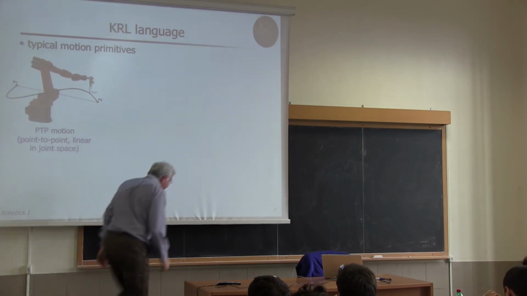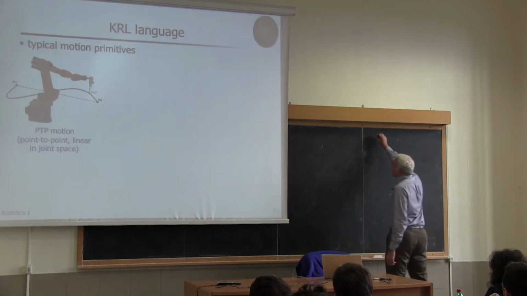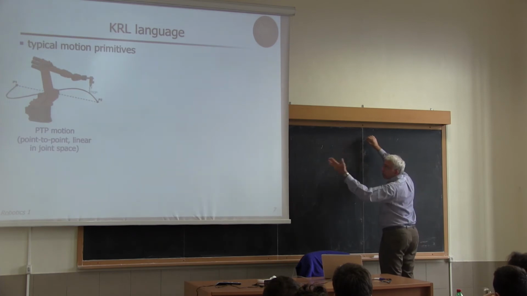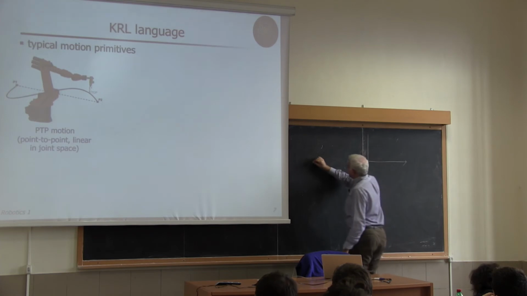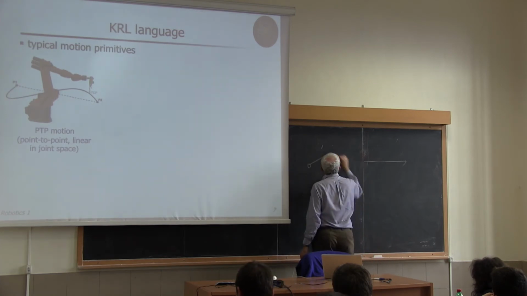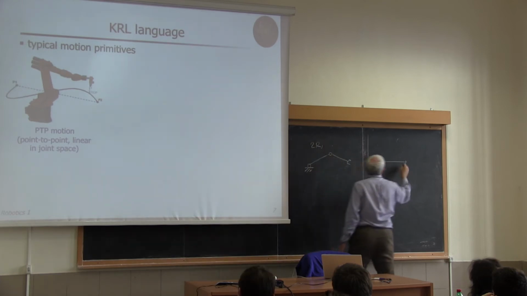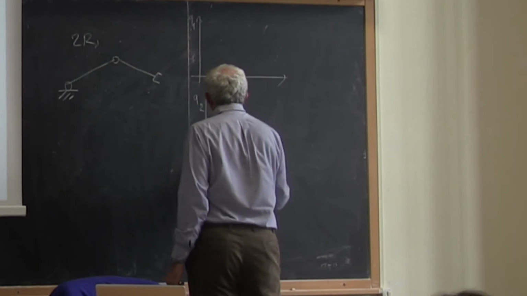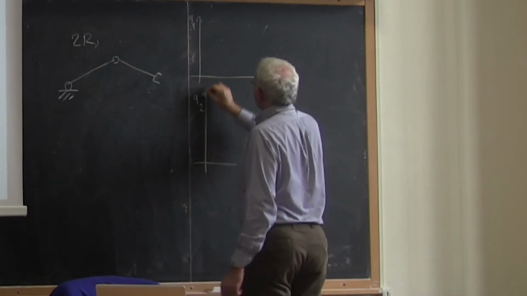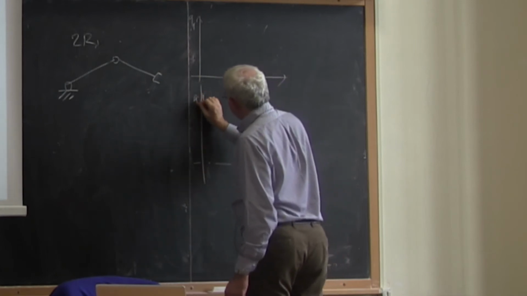So if I want to represent this here, I would say, okay, I'm not doing it for that KUKA robot, but I'm doing it for my good friend, the 2R. So I have some Q1 and Q2. And, okay, they should start from the same value. Okay.